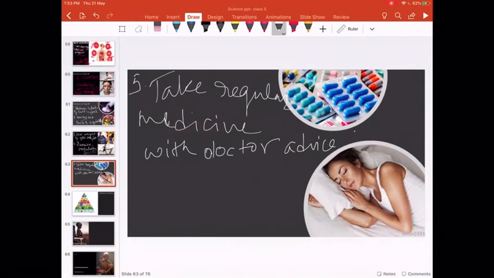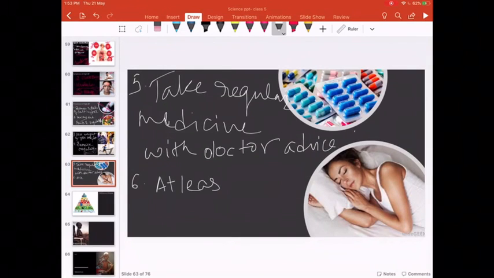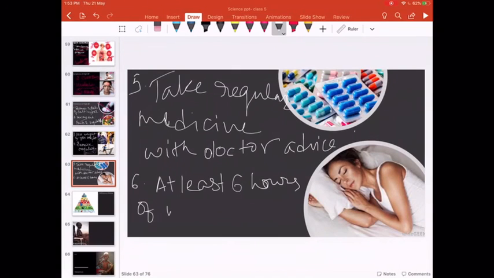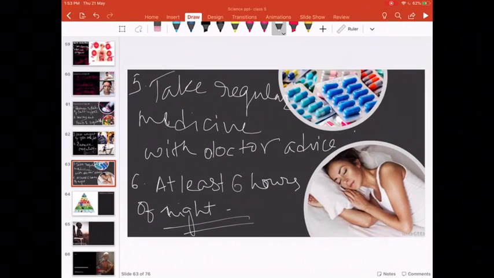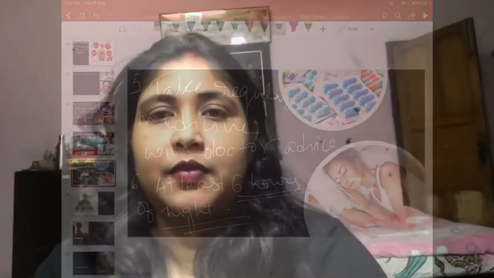Okay? And also sleep, students, at least 6 hours of night sleep. You cannot say afternoon sleep. At night you should sleep for 6 hours. Got it? So these are the various ways of preventing blood pressure.